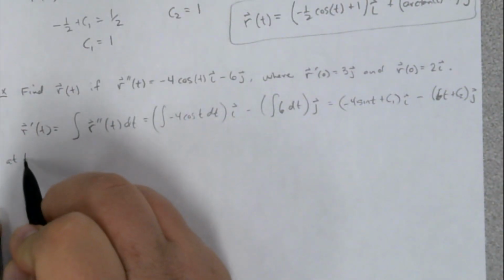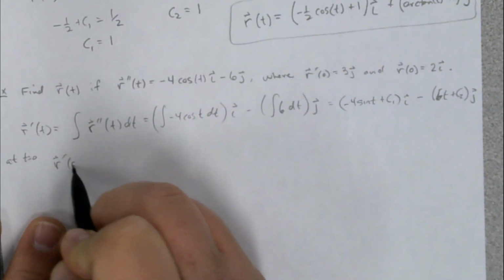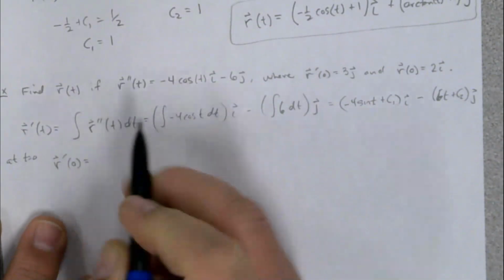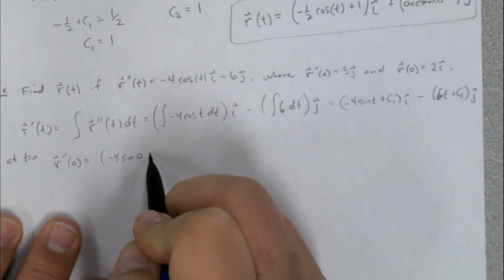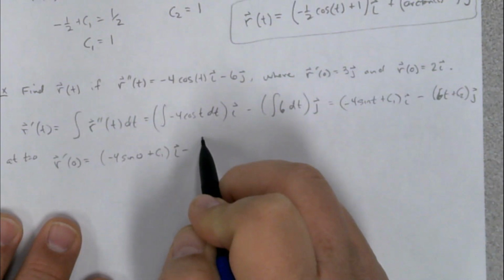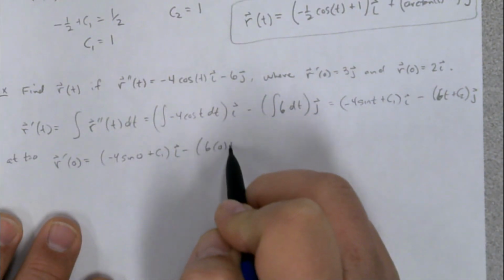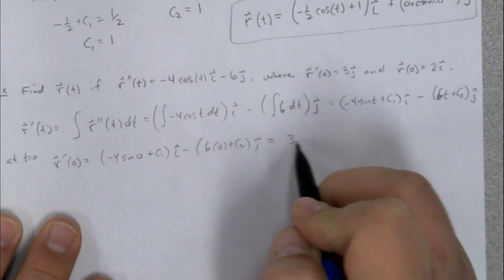So at t equals 0, r prime at 0 is going to be negative 4 sine of 0 plus c1 vector i, and then minus 6 times 0 plus c2 vector j, and that's supposed to equal 3j.